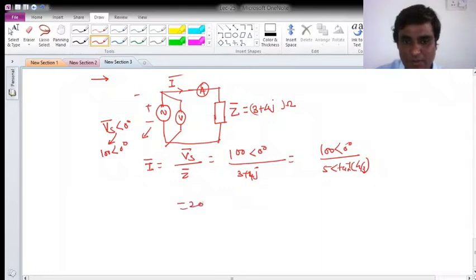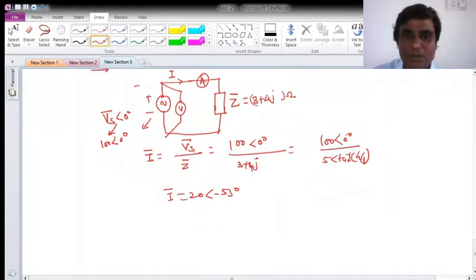So it comes out to be 20, and tan inverse of 4 by 3 I have computed as 53 degree. So it will be 20 angle minus 53 degree as your I phasor. Now the ammeter reads 20 ampere as the current. So 20 ampere current is transmitting over this transmission line, for example.